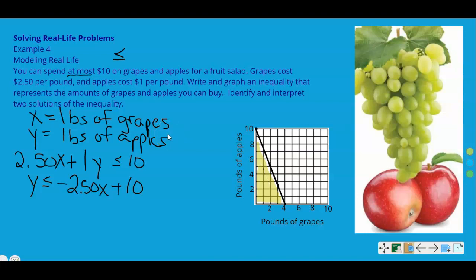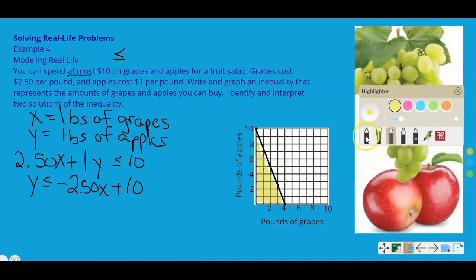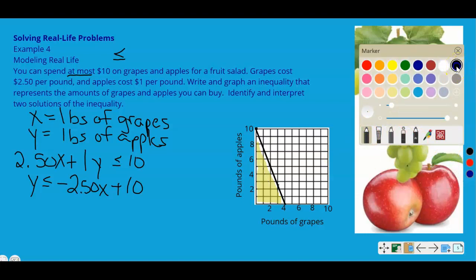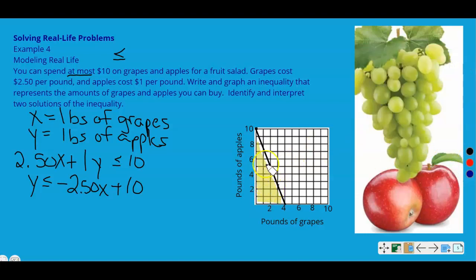All right, so if we choose a point inside the shaded region, let's choose 1, 6. I'm just picking a point inside the shaded region here. So 1, 6, you can see falls in that shaded region, so that would be one solution.